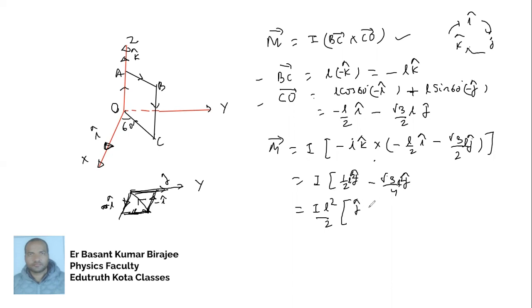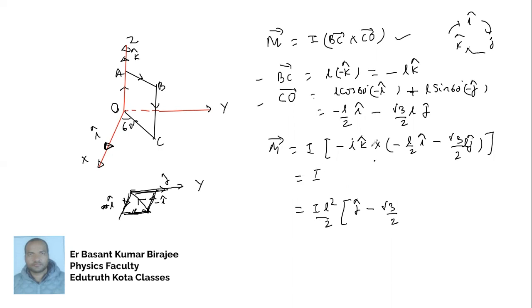J minus root 3 by 2. Here we made a mistake, I think.